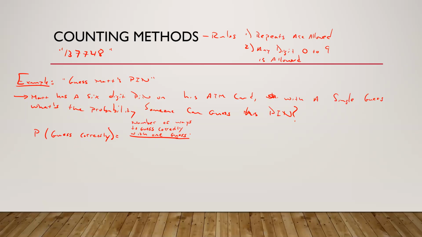And I would have to divide this by the total number of possible what? Yeah, the total number of possible combinations. What you mean there is the total possible number of PIN numbers there are. So I have to divide this by the total number of possible pins.